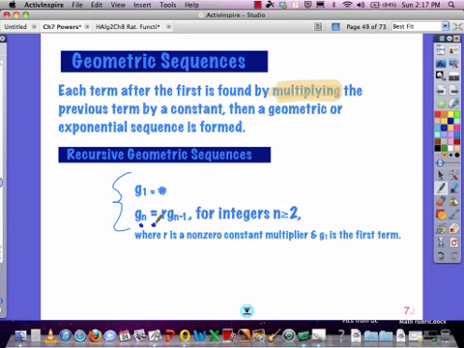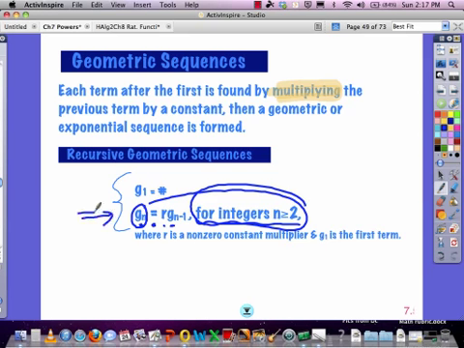constant rate times that previous term. And remember, for integers n greater than or equal to 2 is basically said when I say for all other terms in my sequence. That means I could do this for the second term in the sequence, the third term, fourth term, fifth term, sixth term. So this calculation, R, is that constant ratio, that constant rate, and that's what the R stands for.